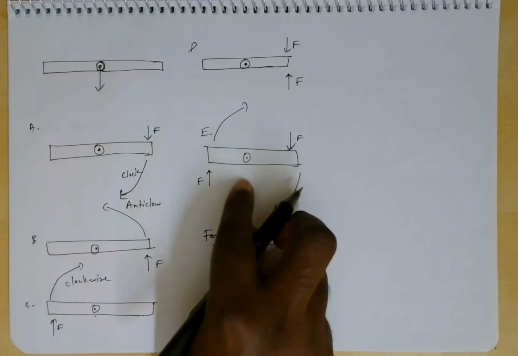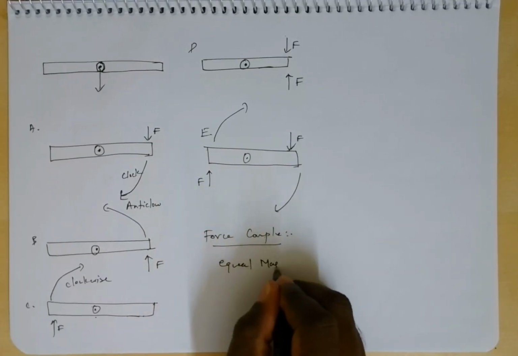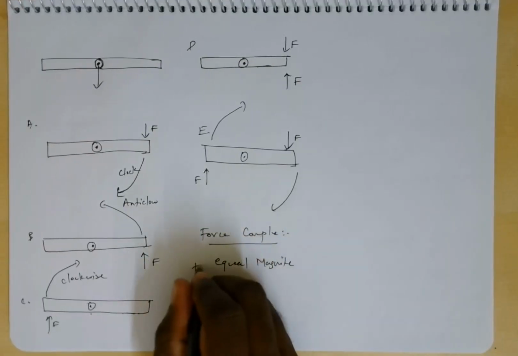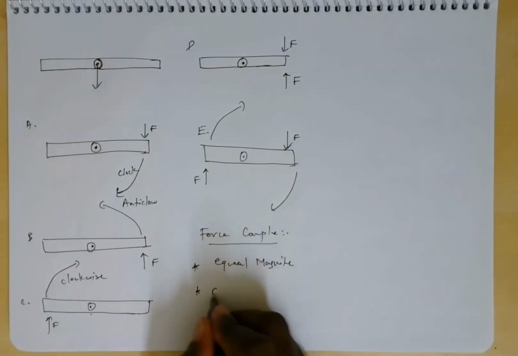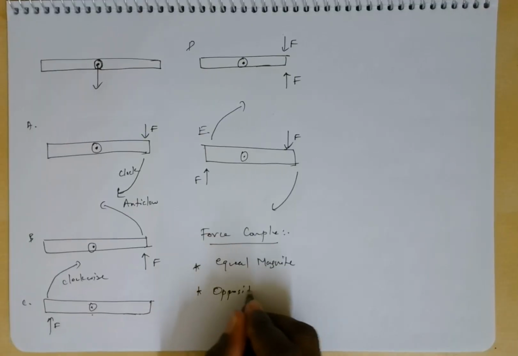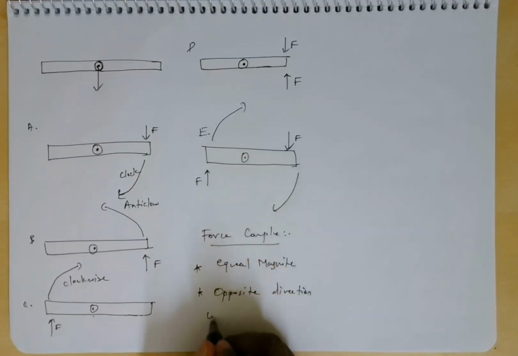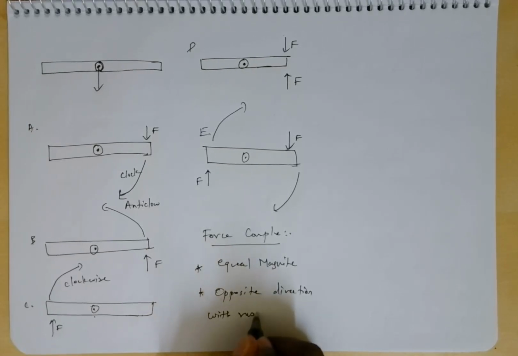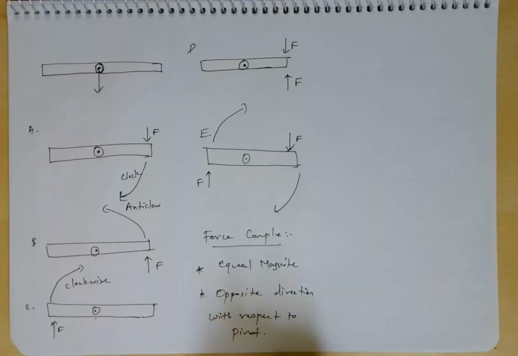So they should be of equal magnitude. And can you see that they work in opposite directions with respect to the pivot?